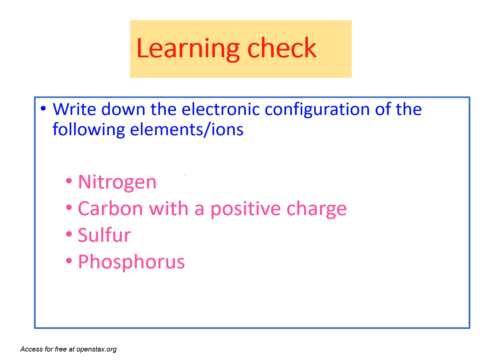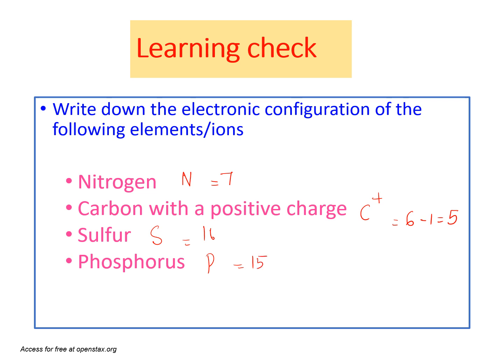This we represent as N. This we represent as C plus because it's a positive charge, sulfur S, and phosphorus P. We can look up the atomic numbers from the periodic table. Nitrogen is 7. Carbon is 6, but remember this is a positively charged carbon, so it has lost an electron. So you should actually have 6 minus 1, that equals 5. Sulfur is 16, and phosphorus is 15.